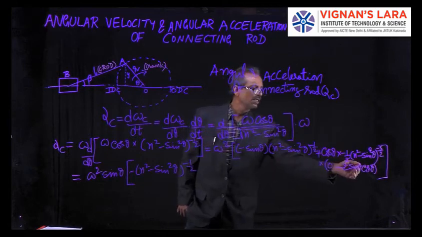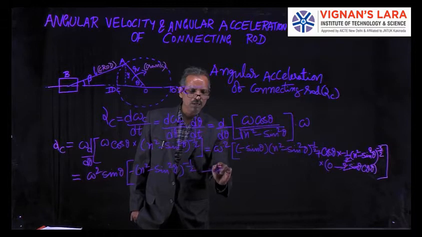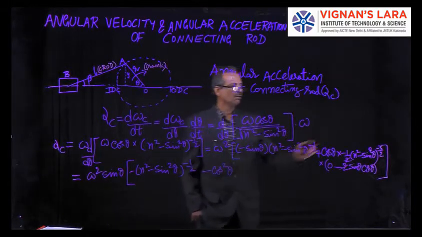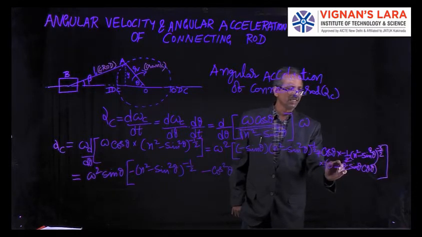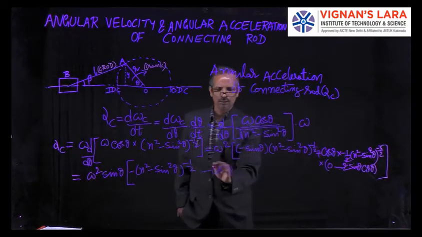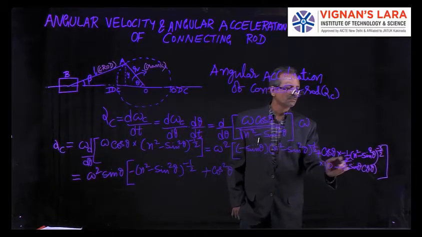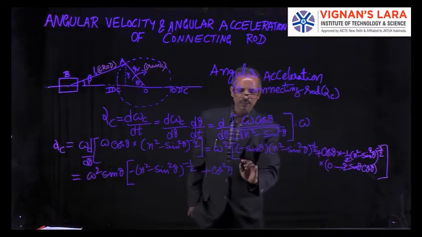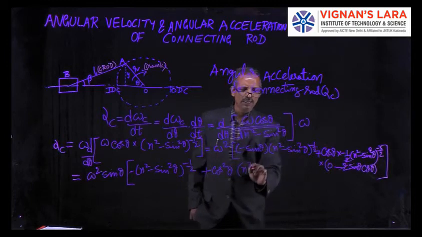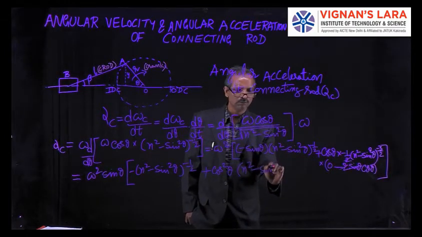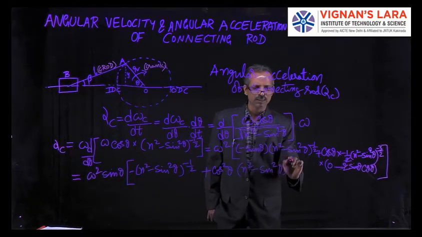This is cos theta into cos theta, and here minus, that is minus cos square theta, into this minus, I get plus, minus into minus, cos theta, then n square minus sin square theta, whole to the power of minus 3 by 2.